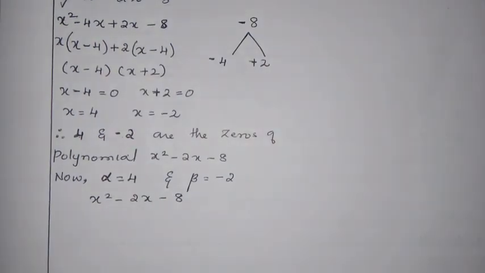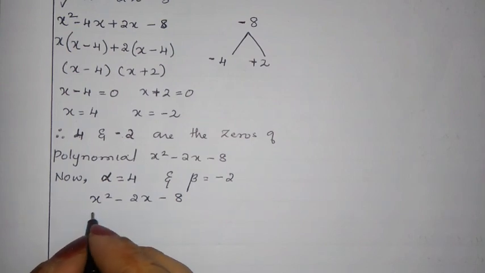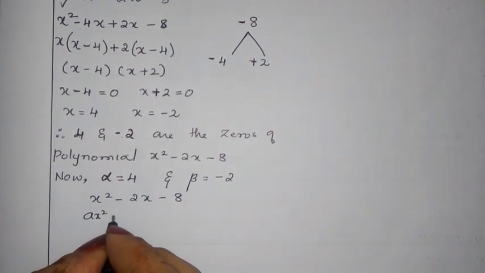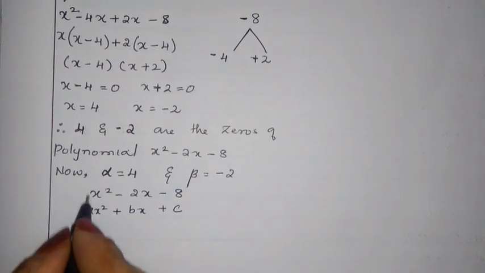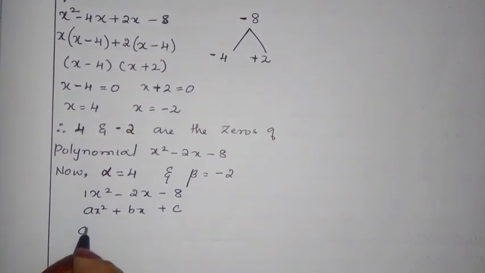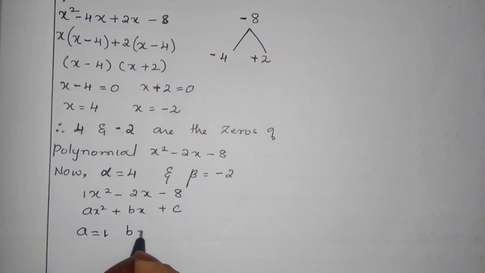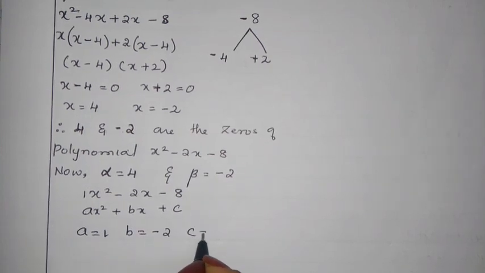We know that a quadratic polynomial is ax square plus bx plus c. Let us compare: a is 1, b is minus 2, and c is minus 8.